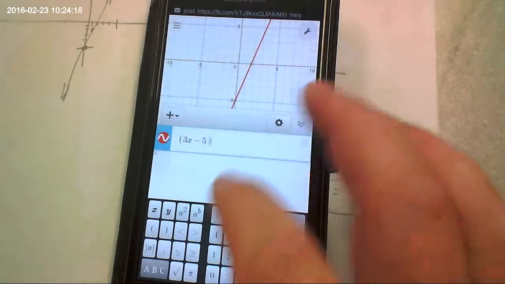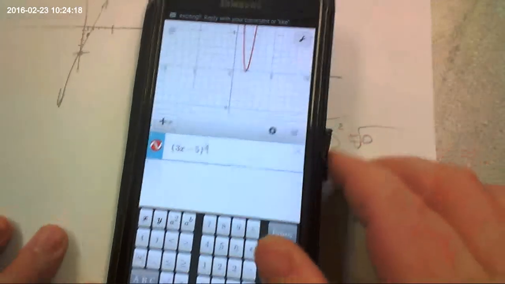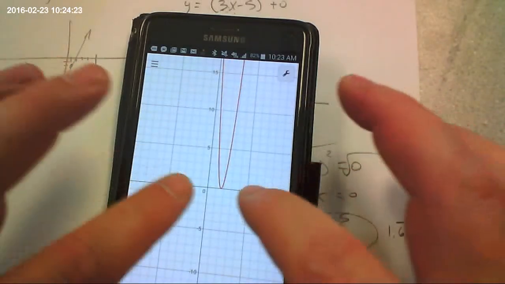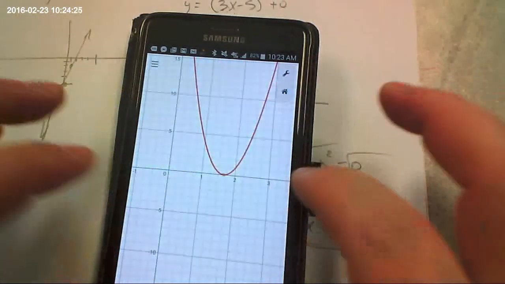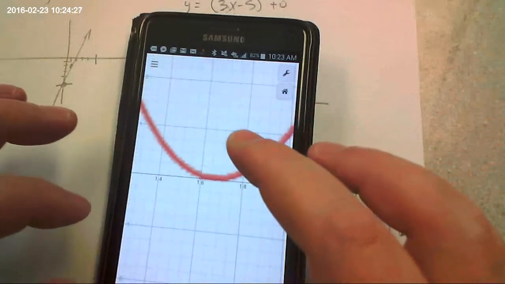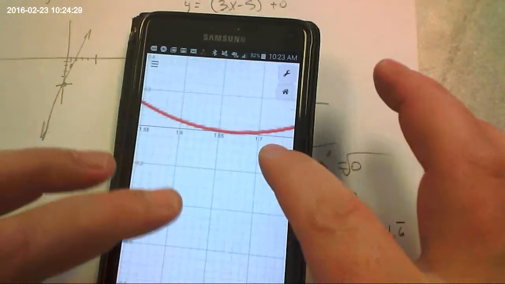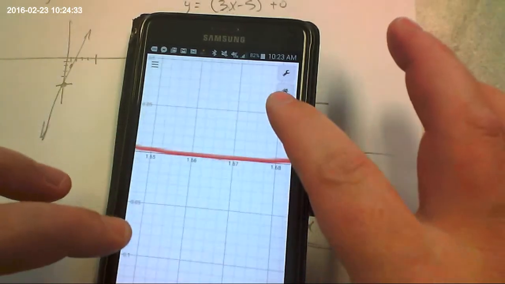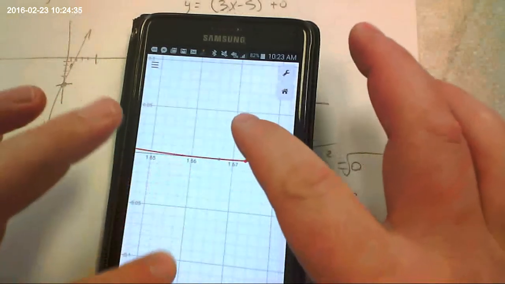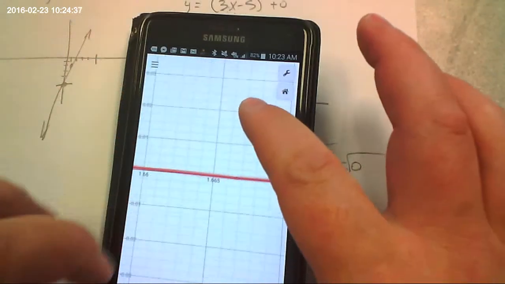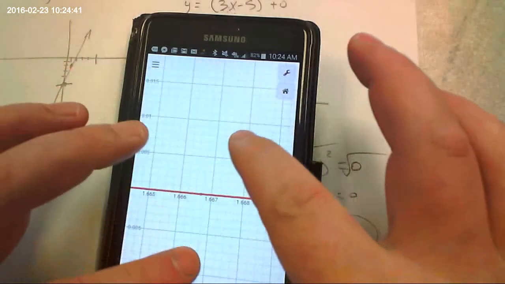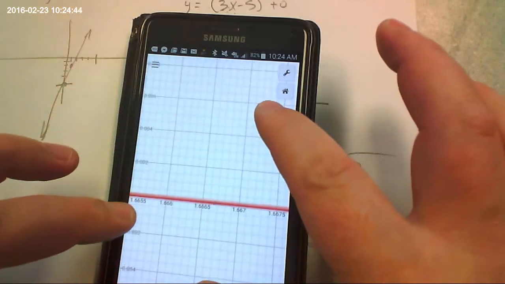Yeah. Okay, watch. It's so small. How far?